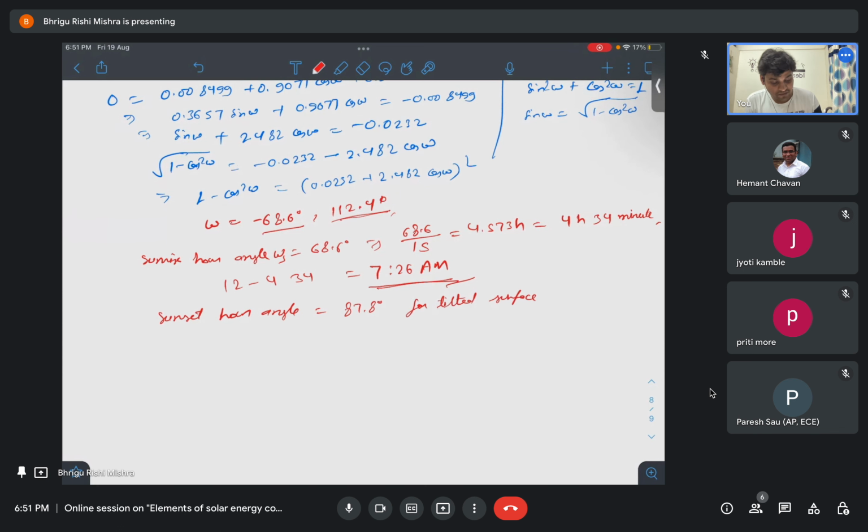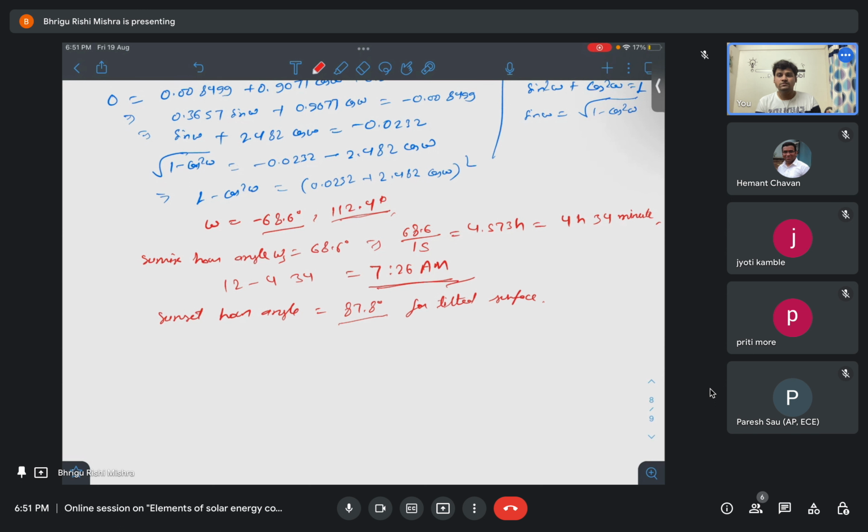the tilted surface. So that means sunrise time is different for the horizontal plane and the tilted surface, but the sunset time is the same for both the tilted surface as well as the horizontal surface.